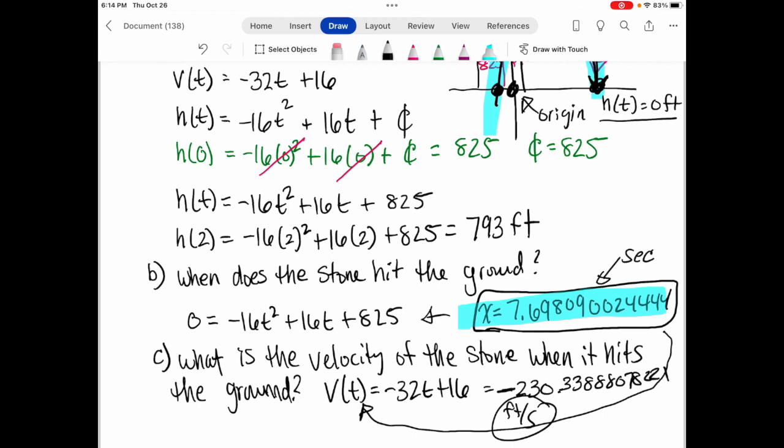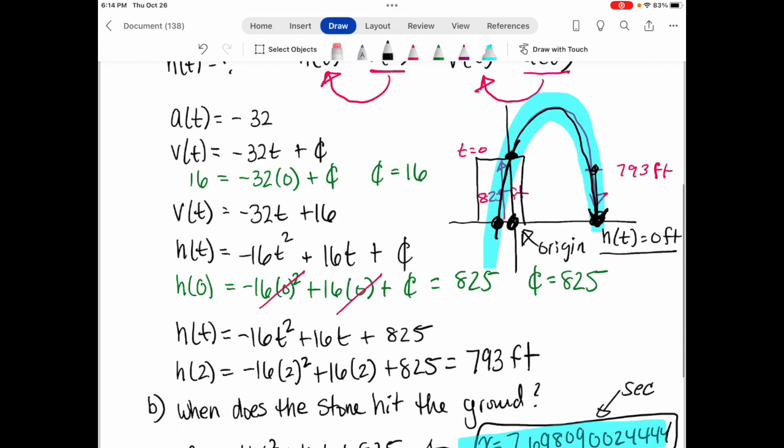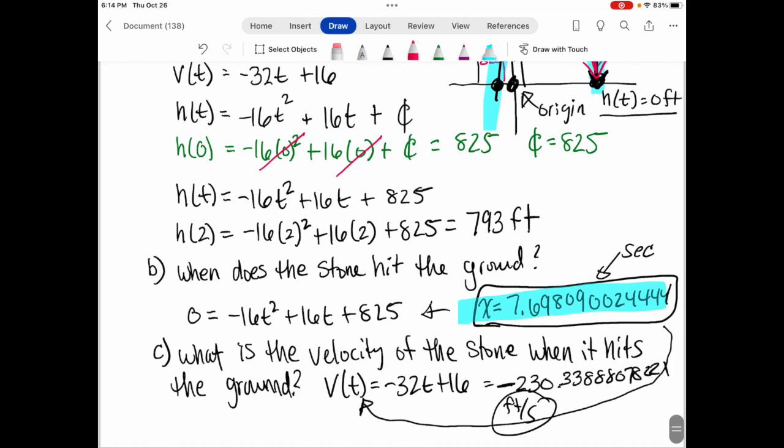Now, the velocity is showing as negative because it's moving in the negative direction. As we trace that stone as it comes this way, when it's at that point of 2 seconds, it's heading downward. So just remember, velocity and speed are two different things. Speed is the absolute value of velocity.